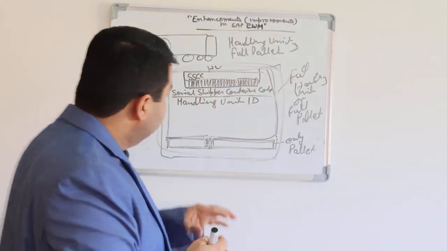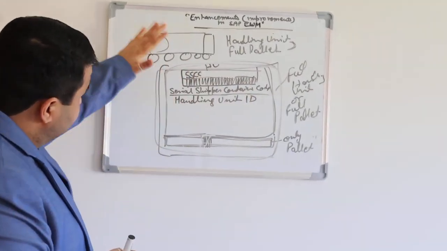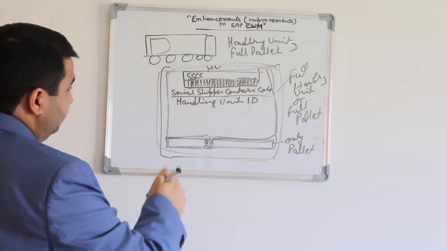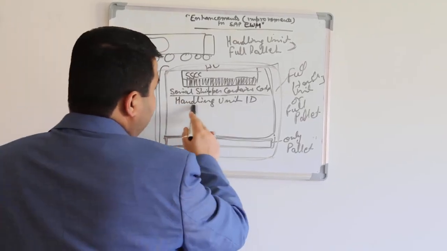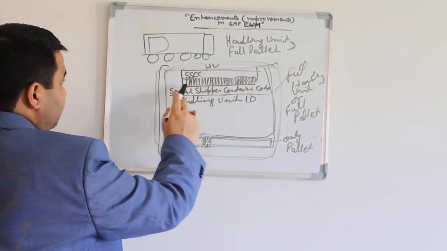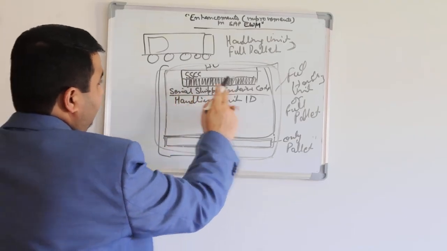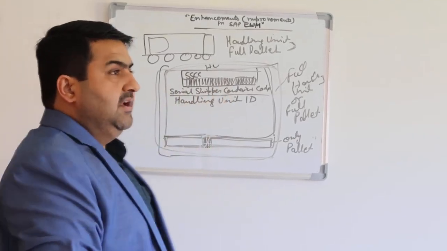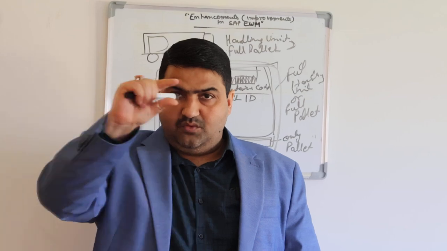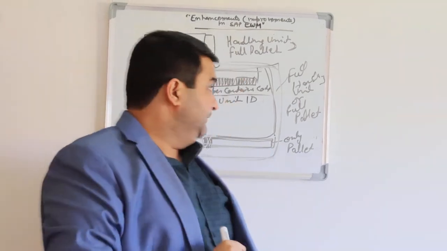So generally the vendor sent us the handling unit ID, the serial shipper container code, and we received that in the form of a barcode.